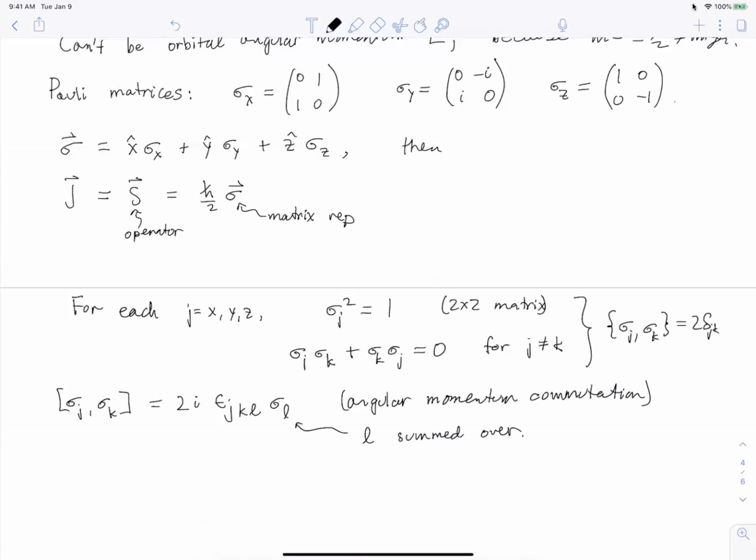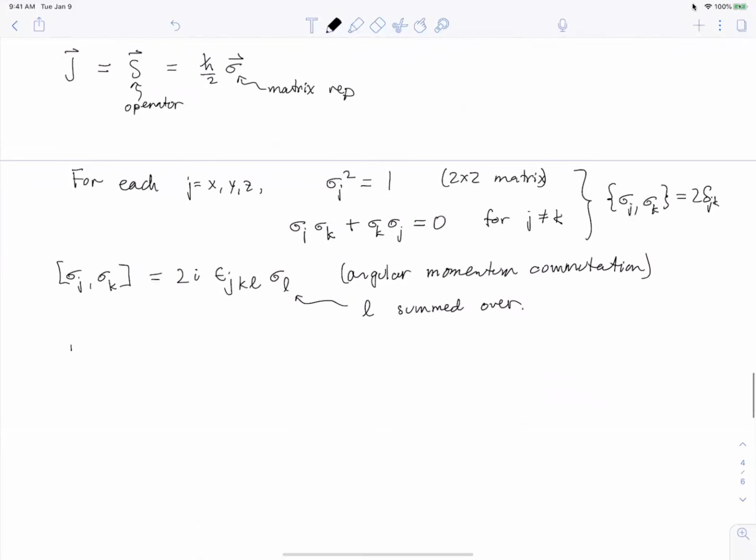Okay, and then other useful things are the trace of any Pauli matrix is 0. The determinant of any Pauli matrix is equal to minus 1.